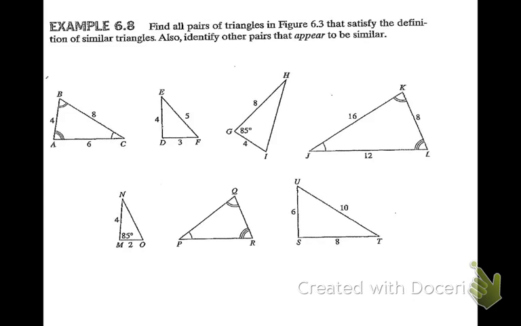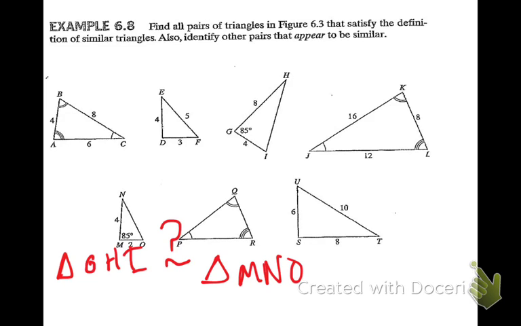Yes, triangle GHI appears to be similar to triangle MNO because they have 2 pairs of sides proportional and an included angle congruent. They both have an 85-degree angle, and their side ratios are 2 to 1, except we don't know the third. There's 2 more. Someone give me another one.